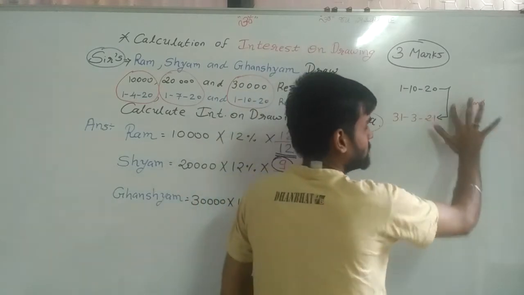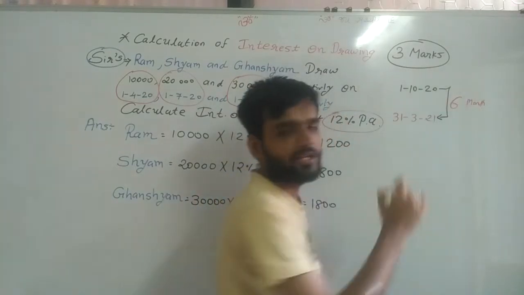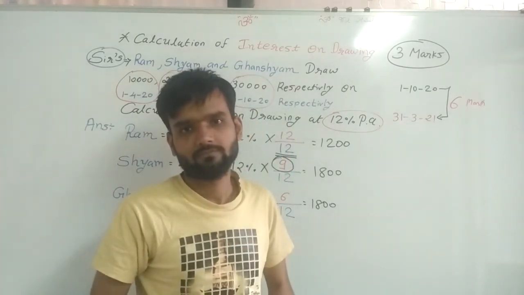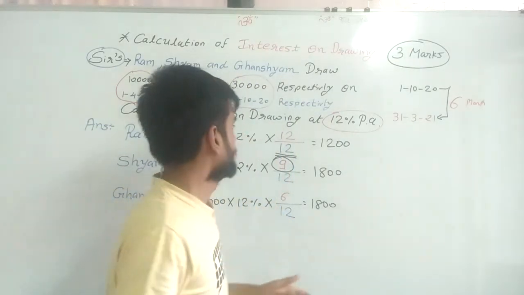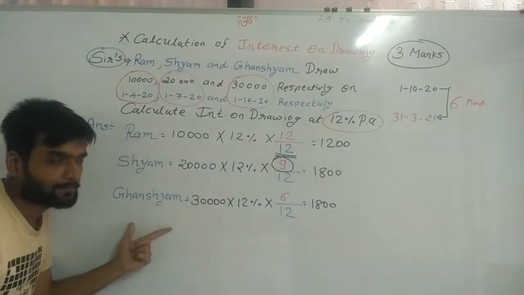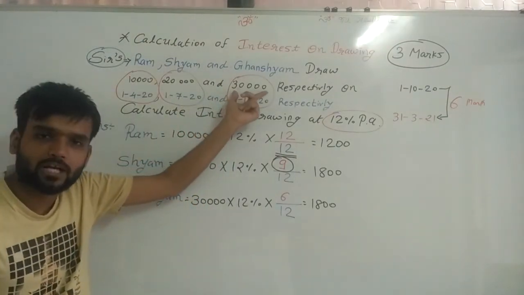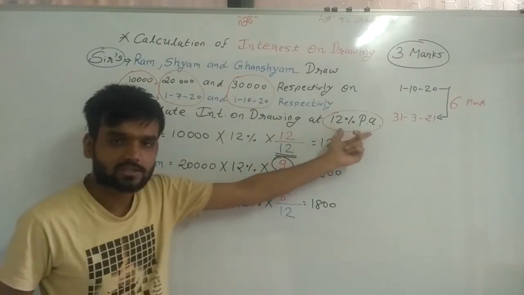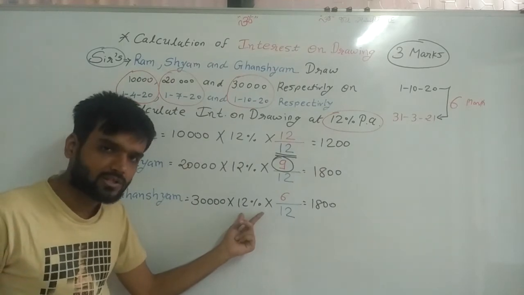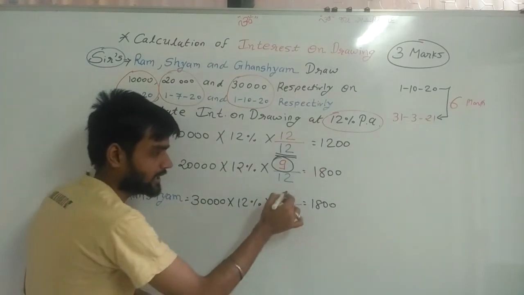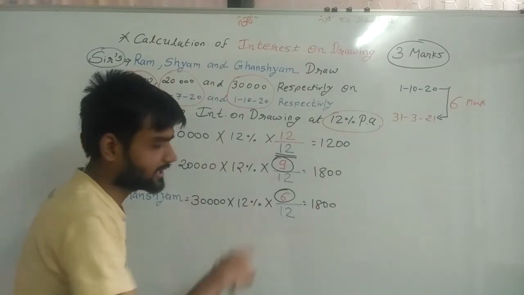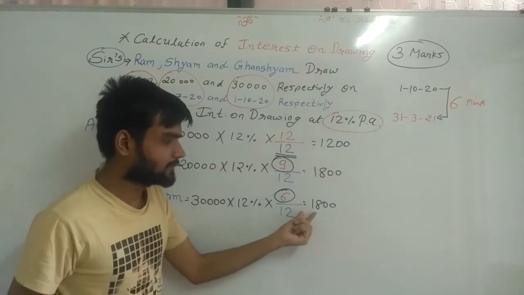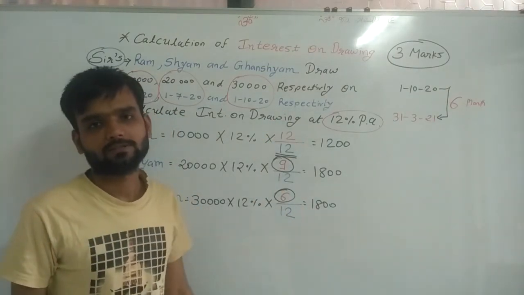So here not 9 months. We need to calculate interest for 6 months only. And that's why calculation of Ghanshyam: amount withdrawn by Ghanshyam is 30,000 into 12% into only change is 6 divided by 12, is equal to 1,800 rupees.